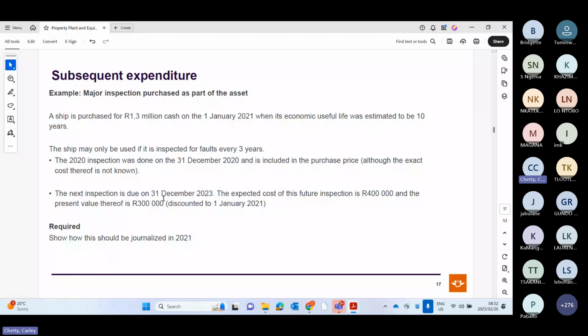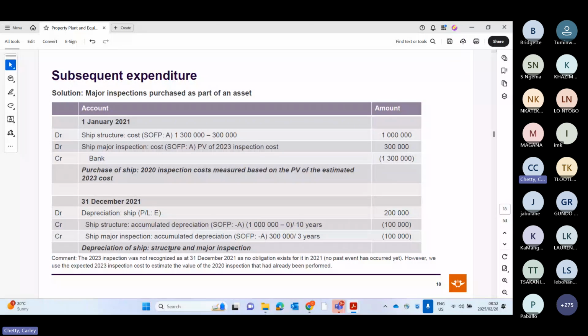We are simply using these estimates, using the present value of the future inspection, which is 300,000, to determine what portion of the purchase price relates to the inspection. So here, we are not actually recording the inspection that is going to happen in 2023. We are just using that information to estimate the value of the 2020 inspection that was already performed.